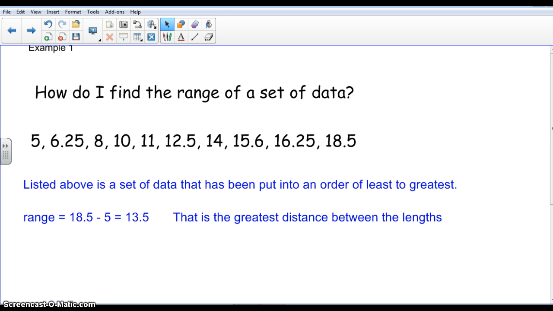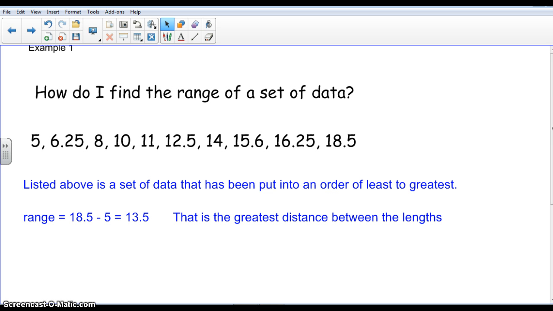So in example 1, you looked at the list of ages, subtracted the least from the greatest, came up with 41, and then your interpretation of that data is the ages of the people in line vary by no more than 41 years.